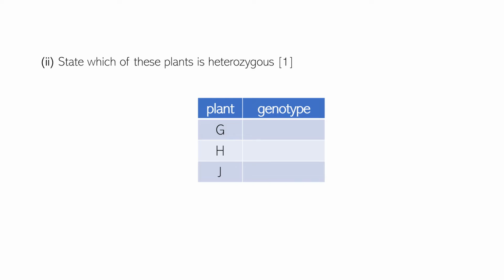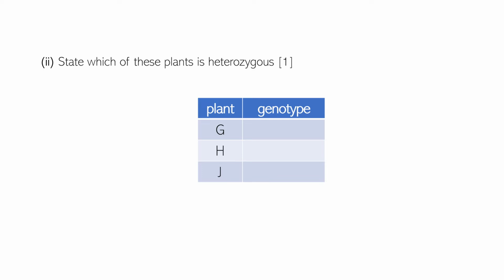Before we answer this question, we go back to the experiment. We have batch 1 and batch 2. Batch 1 is plant G crossed with plant H, and batch 2 is plant G crossed with plant J. If G and H are homozygous dominant, meaning there is capital B and capital B, the result of the experiment, they will produce plants with blue flowers because blue is dominant.